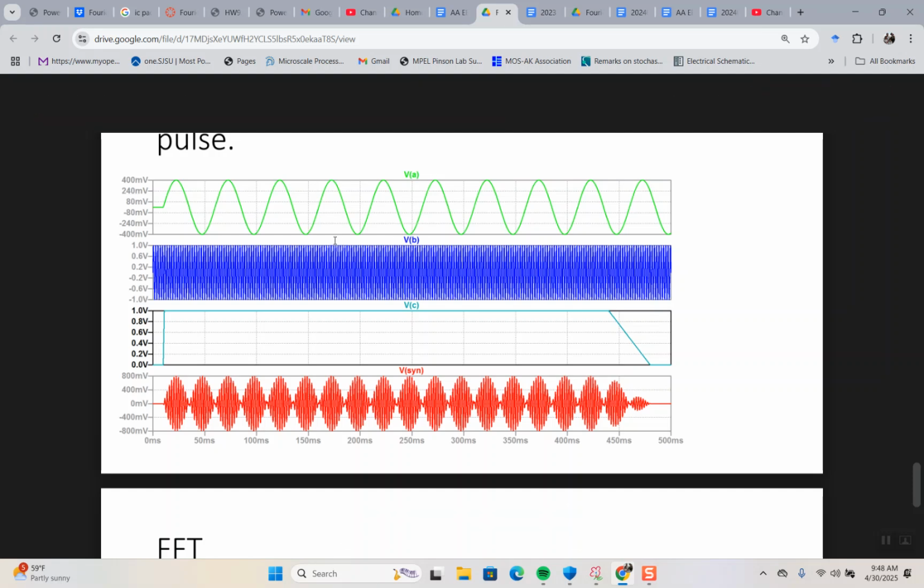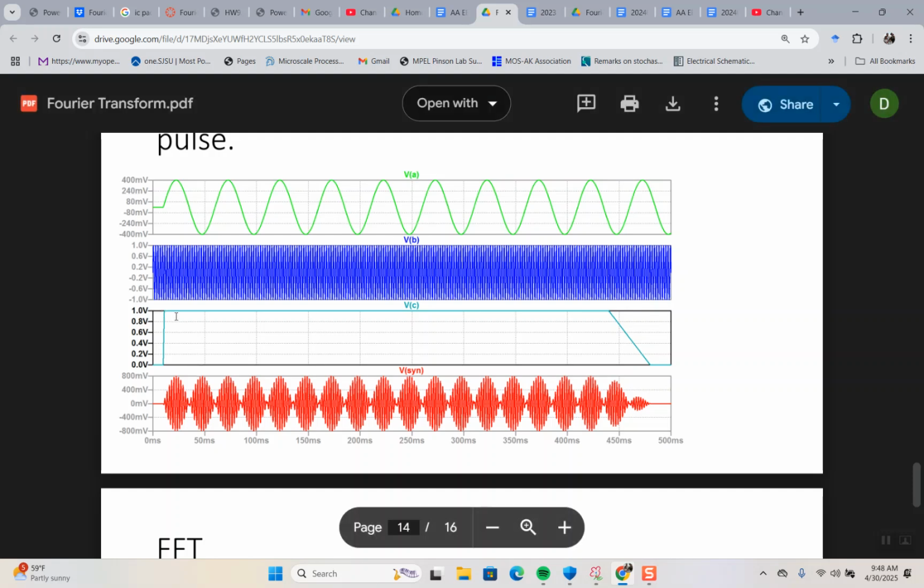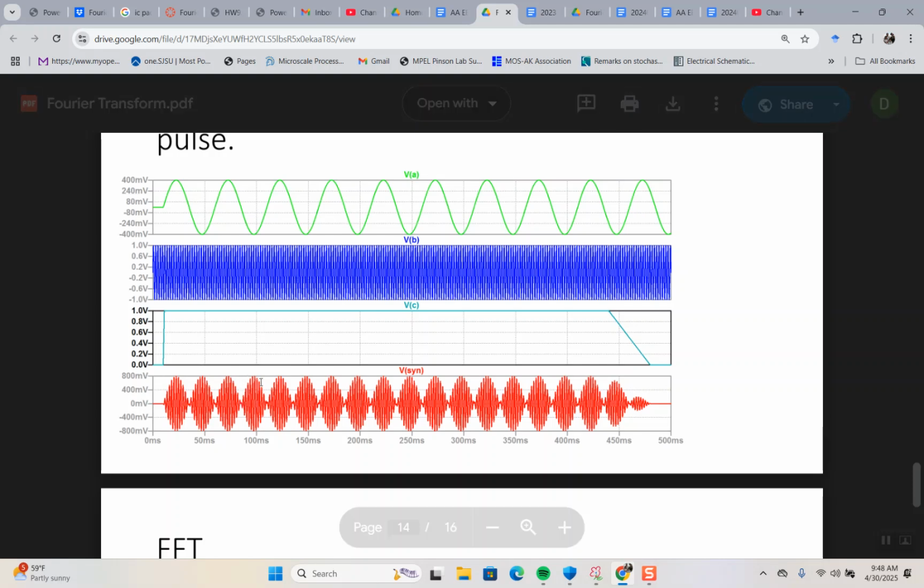If the frequencies were the same, it would just double it. But what you get is this frequency plus VA, and VB's frequency minus VA. And then this is a pulse, so it turns it on. So it's 0, and now you can see a larger pattern with one frequency and then something faster. So there's actually two sine waves there.